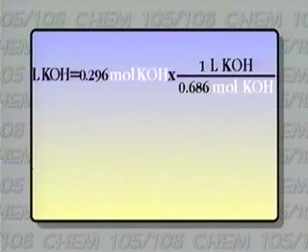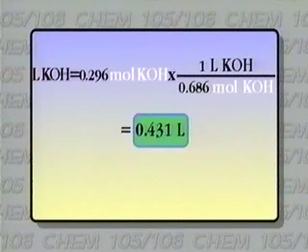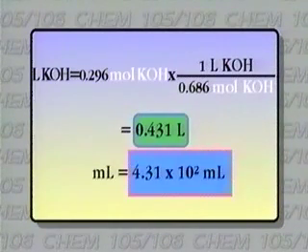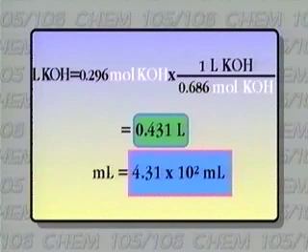So dividing now by 0.686, we have 0.431 liters. The question specifically was how many milliliters, and of course then the final would be to convert to milliliters, so milliliters would be equal to 4.31 times 10 to the second milliliters. Any questions on any step of that one?